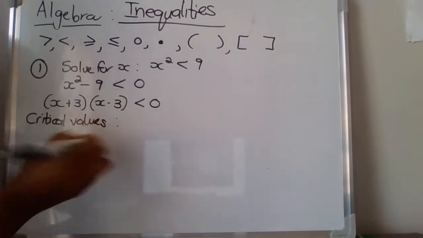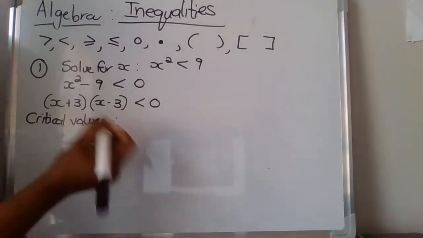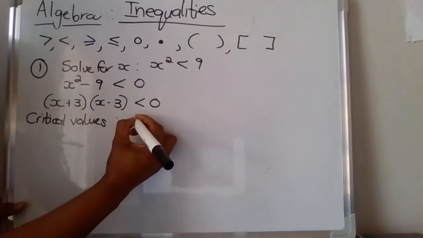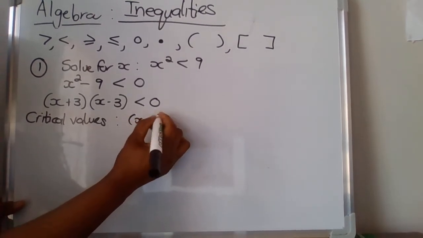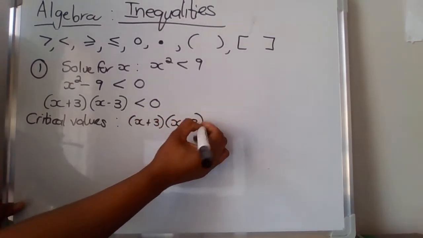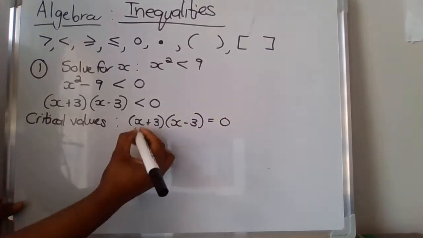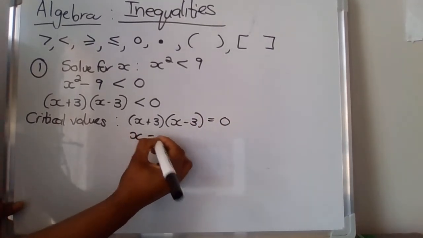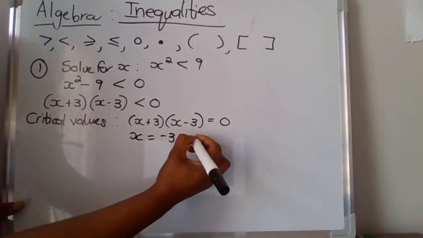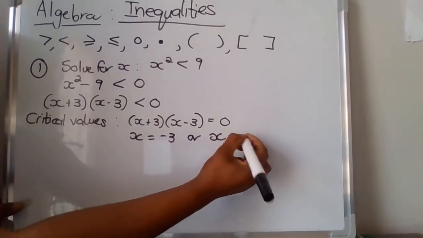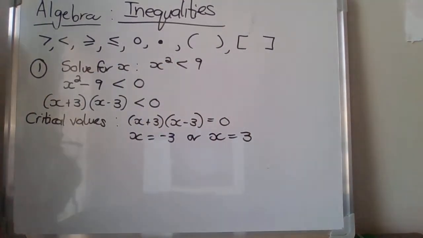So the critical values are where the expression is equal to 0. So we have (x plus 3)(x minus 3) equals 0. So my critical values are at x equals minus 3 or x equals 3, okay?